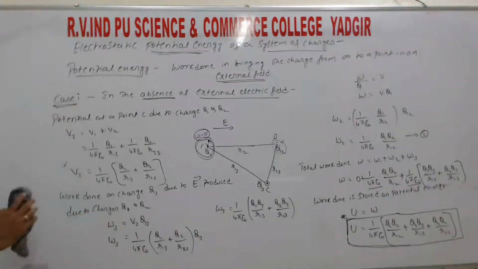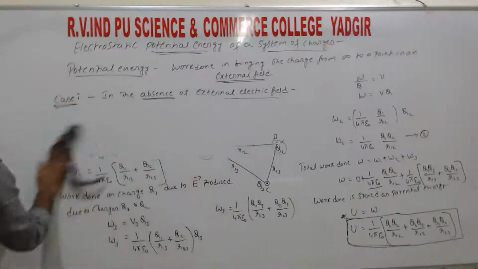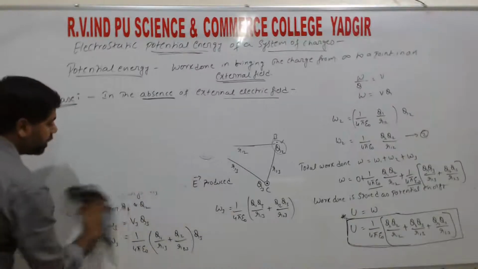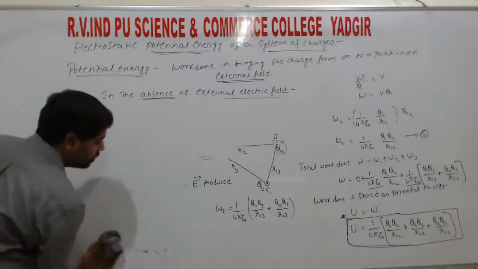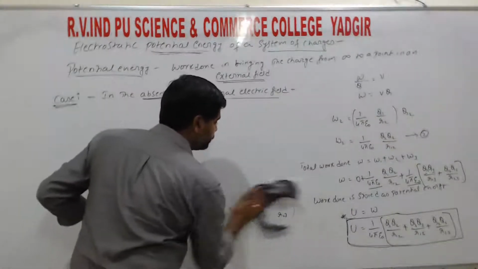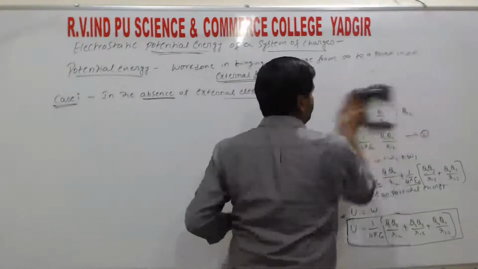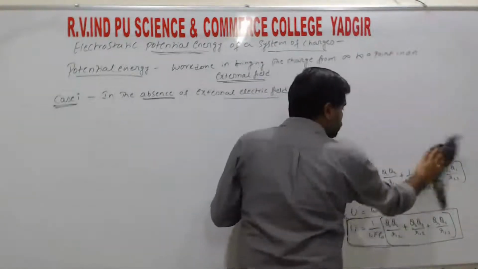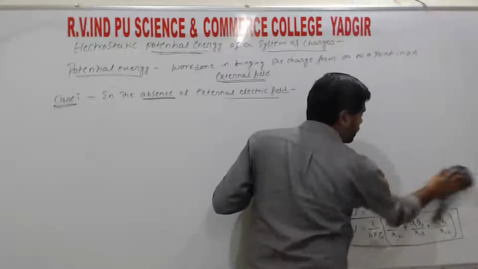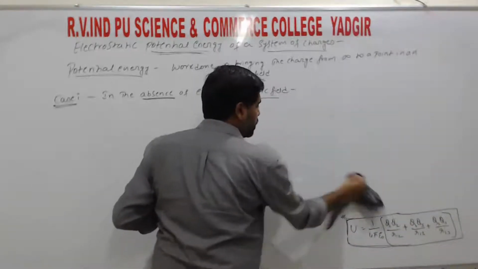The same concept will apply if you find the potential energy in an external electric field. Most problems ask for the absence of an external field, right? So you need to remember this formula.